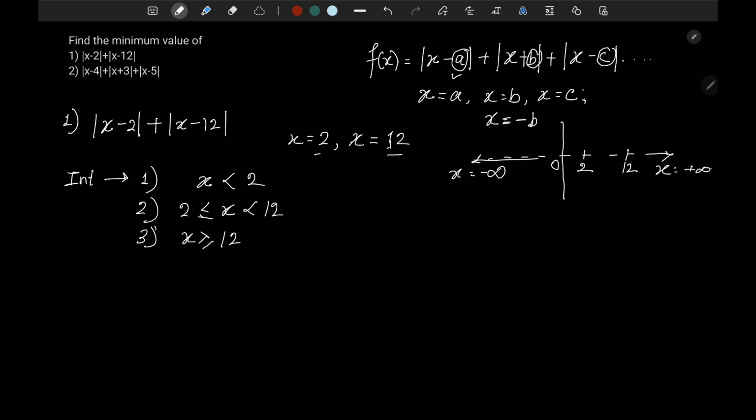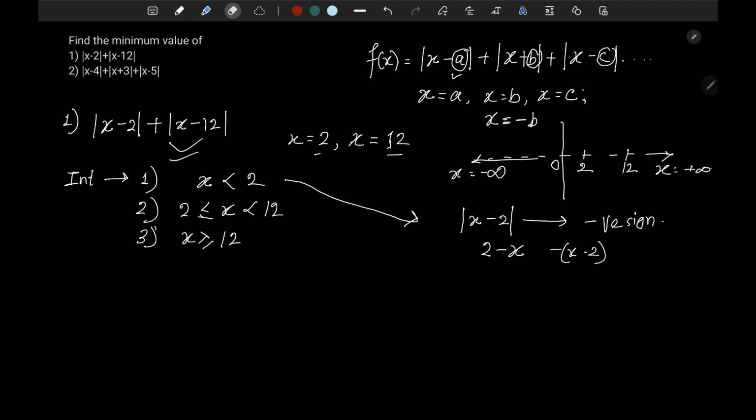Now let's define this function within these intervals. For interval 1, when x is less than 2, the modulus of x minus 2 opens with a minus sign, so it becomes 2 minus x, that is, minus of (x minus 2).